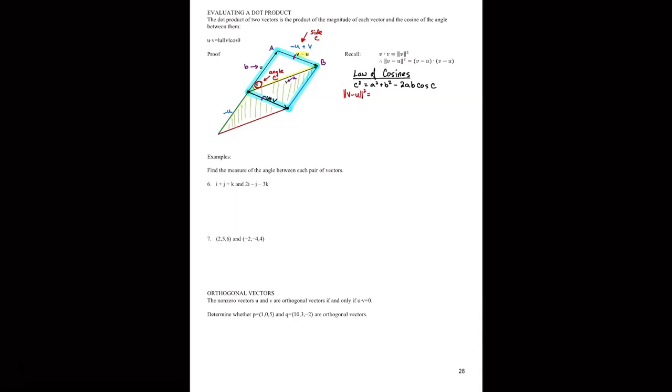I'm squaring the length of the side, which is the magnitude of v, plus the magnitude of u, minus 2 times the magnitude of v times the magnitude of u. Doesn't matter what kind of multiplication symbol I use here because these are two scalars being multiplied.